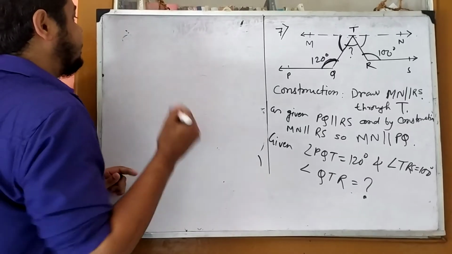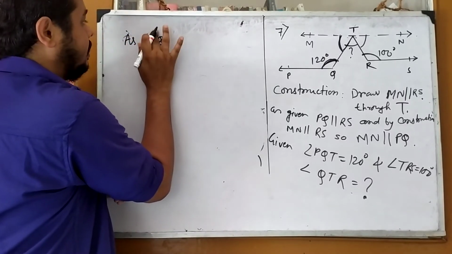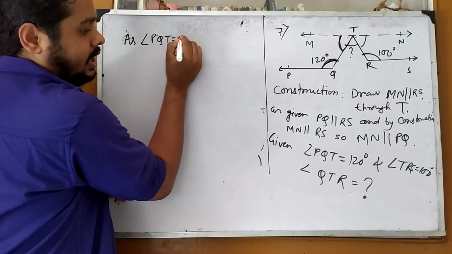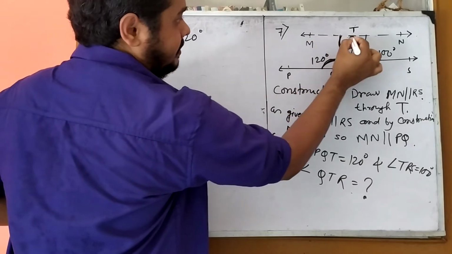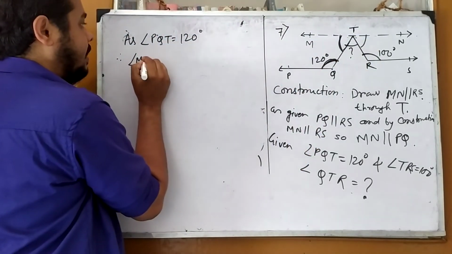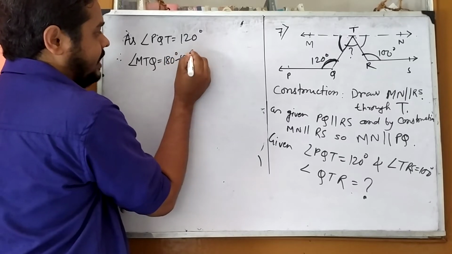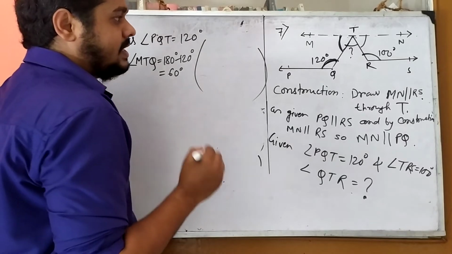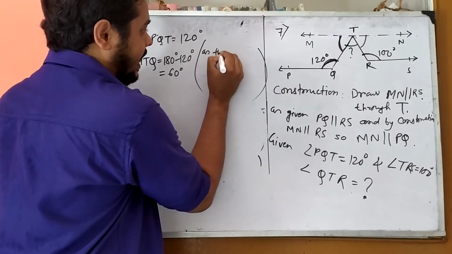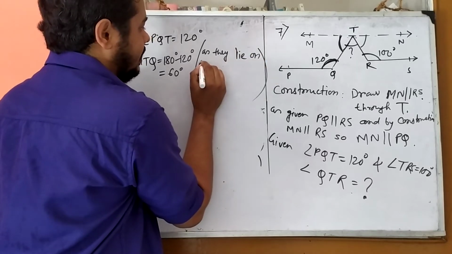So as angle PQT equals 120 degrees, therefore angle MTQ equals 180 minus 120, that is 60 degrees. What is the reason?